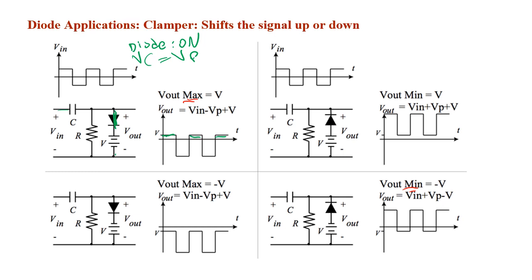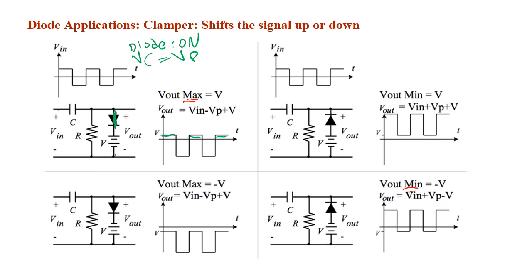The reason why we set the peak value is because the diode is forward biased only when Vn is positive, acting during the positive half cycle. That's why when the diode is on for this circuit configuration, the capacitor's voltage is going to be equal to Vp. Right?